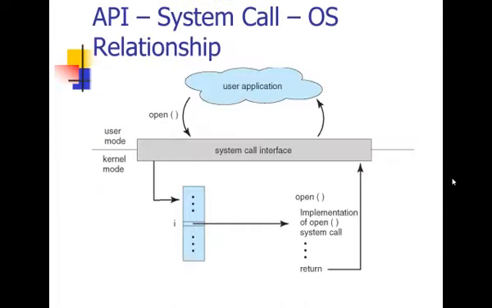So this is another example. So the user application wants to open a file. So as I explained earlier, we want to open a Word document. So what happens is the user application will send the task to open a file. So the end user can click on the file. So then the application will start execution.